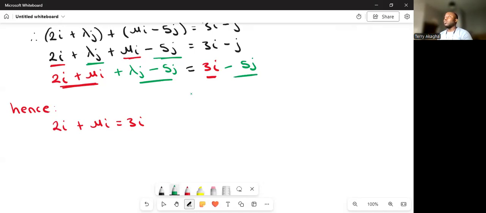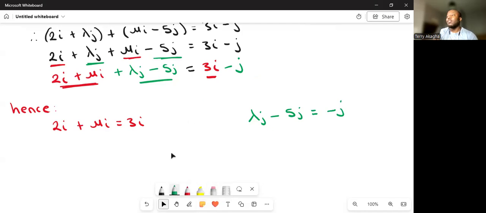So it's going to be lambda j minus 5j equal to minus j. Sorry, this is not 5j. This should be j because it is minus j, all right? So this is going to be j, and this is going to be j.